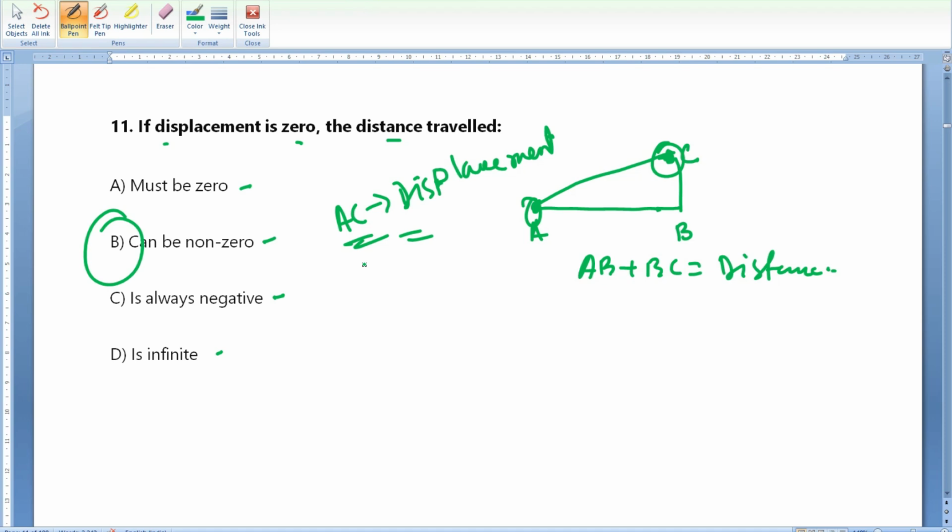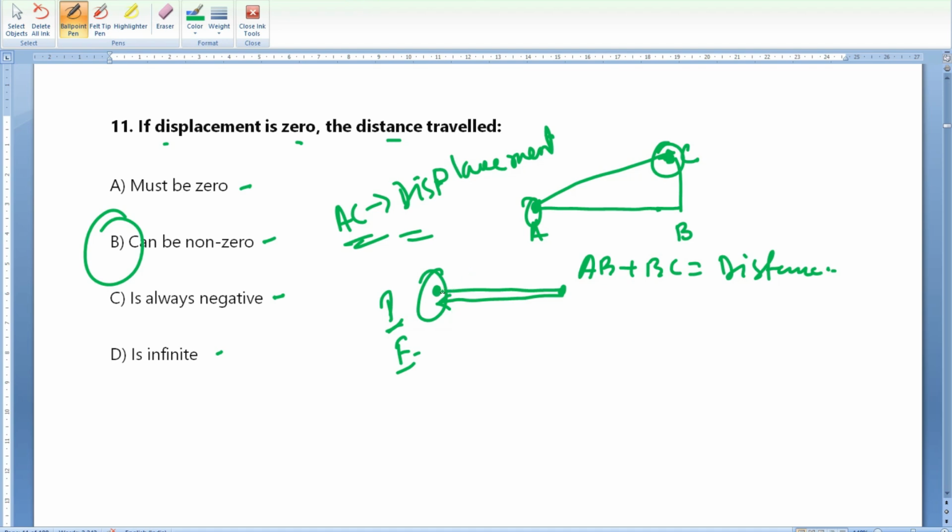If displacement is 0, the distance traveled can be non-zero. Displacement 0 means what? The object travels from the initial position and again comes back to the initial position, so the initial position and final position are the same, and displacement is 0.